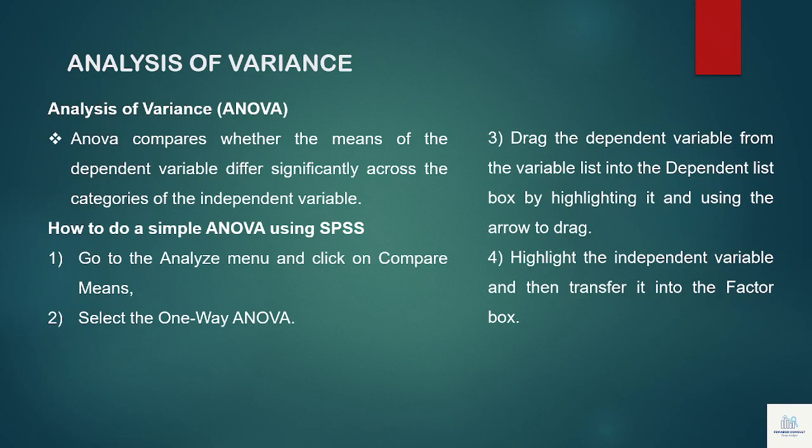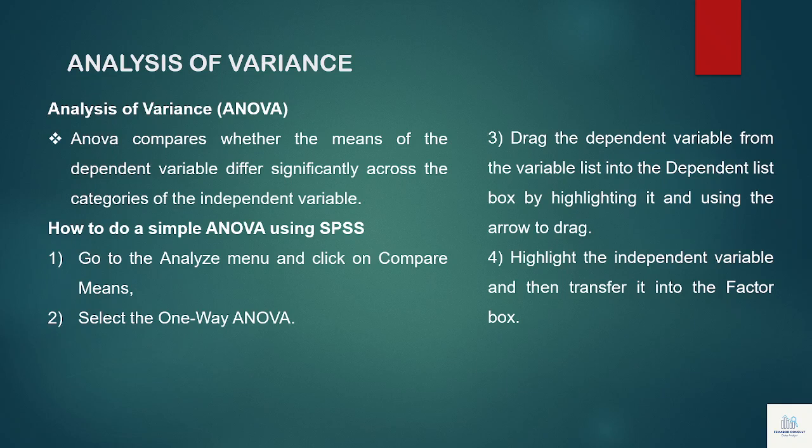For t-test, you compare means between two categorical variables. But this ANOVA, that's analysis of variance, especially the one-way analysis of variance, compares means between more than two categories. So if we have group 1, group 2, group 3, group 4, you can use analysis of variance to compare the means among each and every one of them.